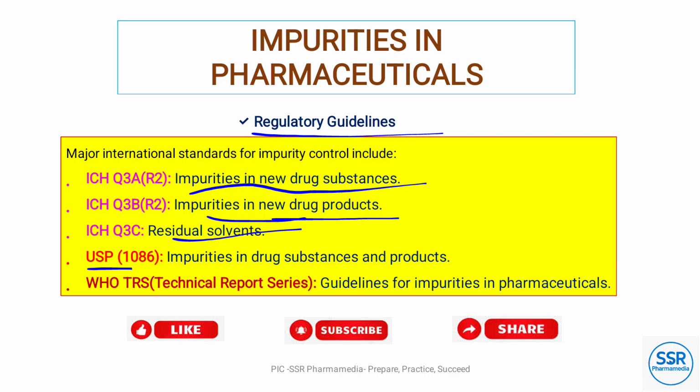And USP, impurities in drug substances and products. And WHO TRS, Technical Report Series, guidelines for impurities in pharmaceuticals.